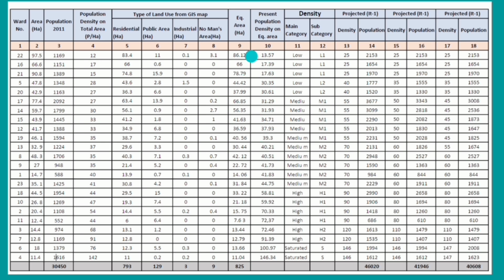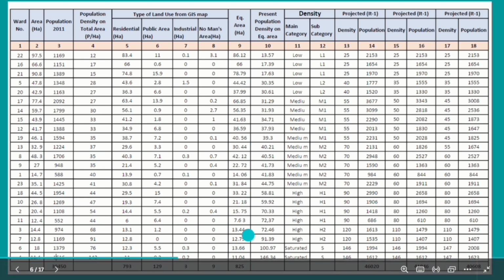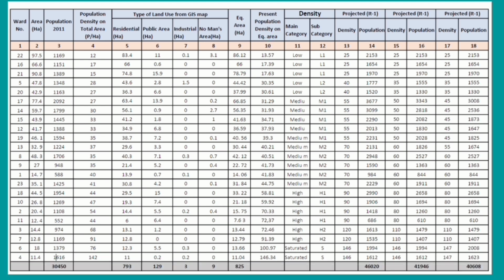Now you can see that this ratio is arranged in an ascending order. Okay, this is the lowest value and the last one, that is 146 in this column, is the maximum.